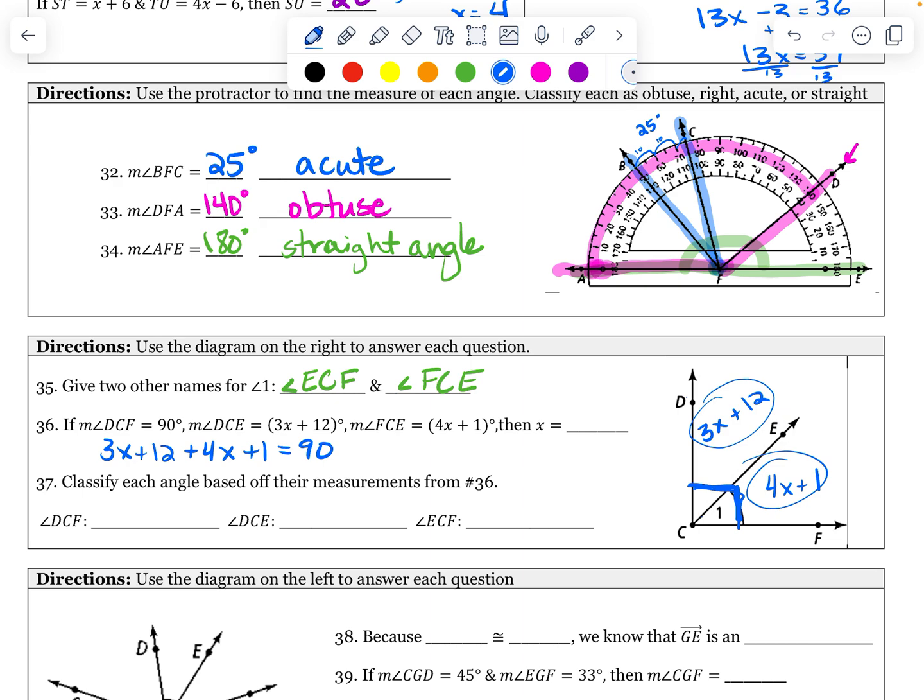Oh, I don't have space. 7x plus 13 equals 90. Minus 13 from both sides. 7x equals 77. Divide by 7 on both sides. X equals 11.